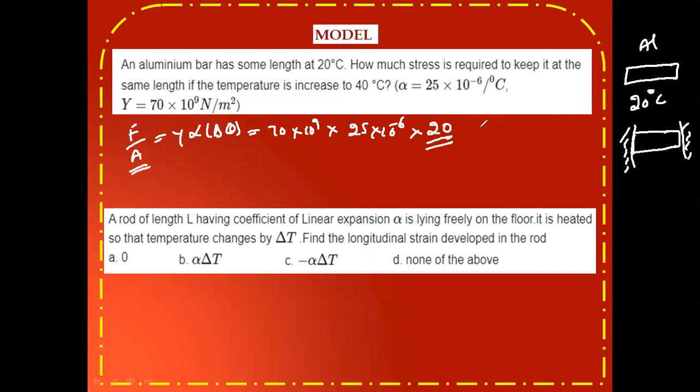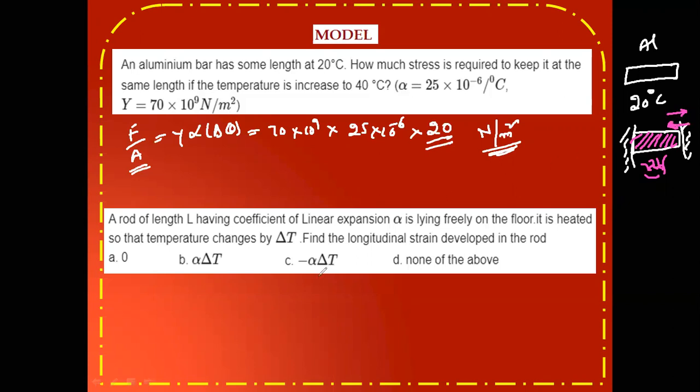The unit of thermal stress is Newton per meter square. Whenever you supply heat energy, a force acts on the rigid supports, and the supports exert a force on the rod, which we call thermal stress.